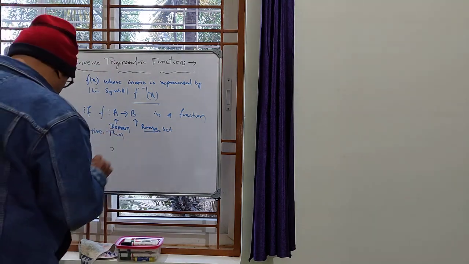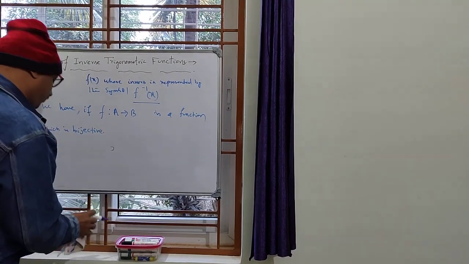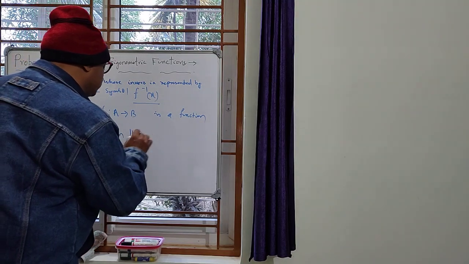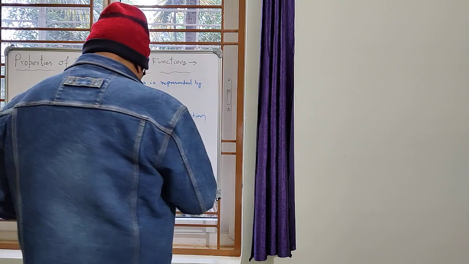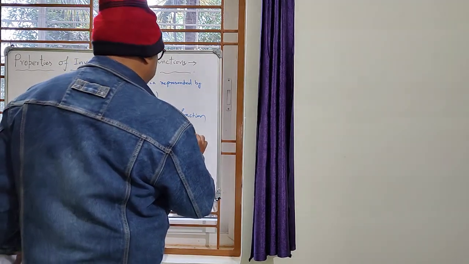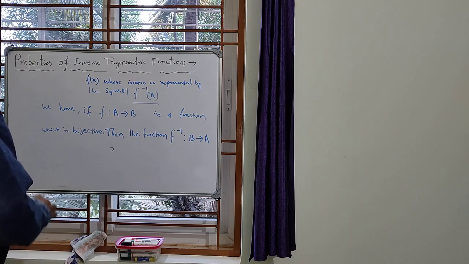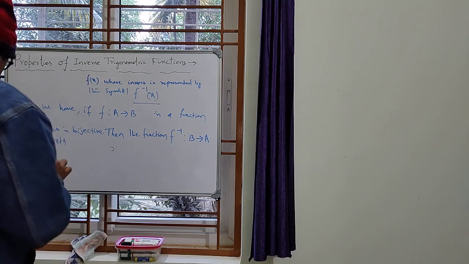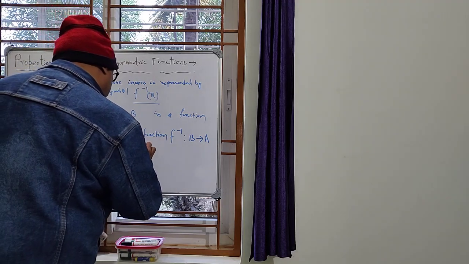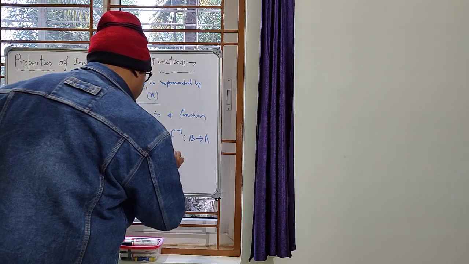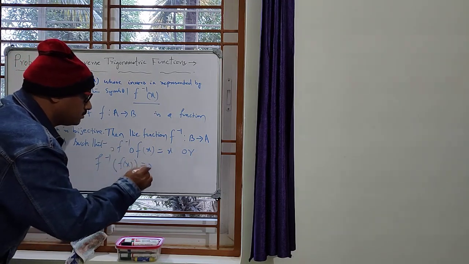Then the function f inverse is a mapping from B to A. f inverse, a mapping from B to A, exists such that f inverse of f of x equals x, or we can write f inverse of f of x equals x.